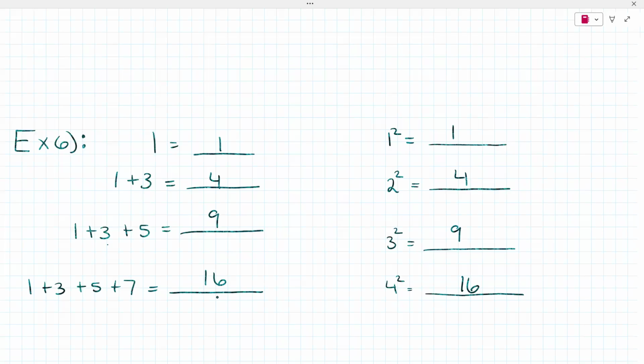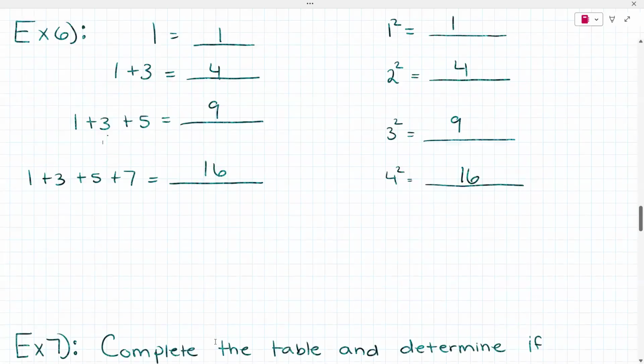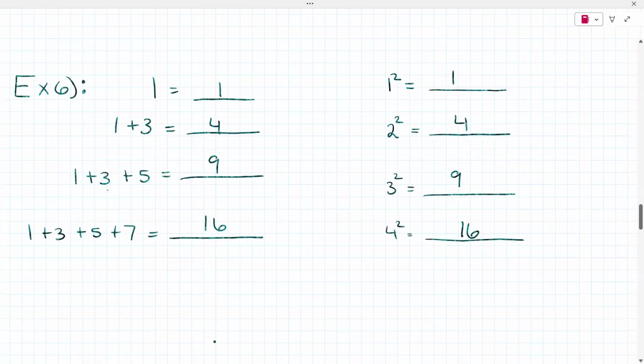And then what about here? What can we say about this conjecture? The sum of the first odd consecutive integers equals n squared. On the addition part, you're basically adding an odd consecutive number each time.